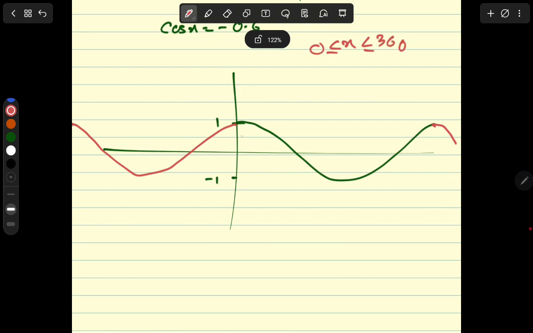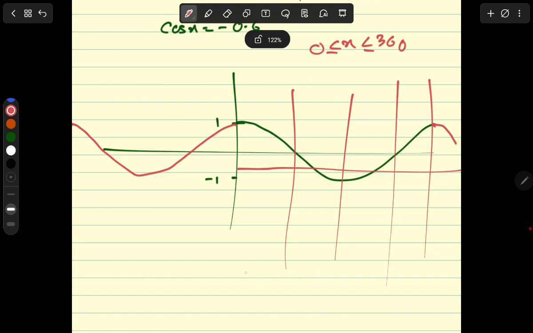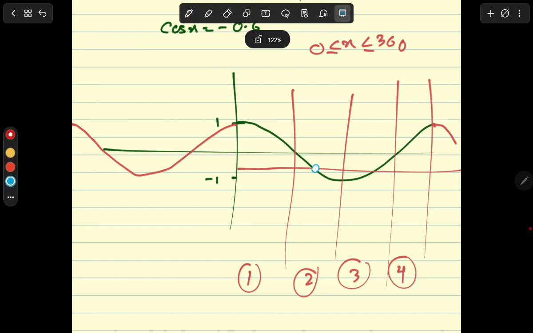So we will see that at -0.6, we can see that this is the first quadrant, second quadrant, third quadrant, and fourth quadrant. So I can identify that this is in the second and the third quadrant, right?